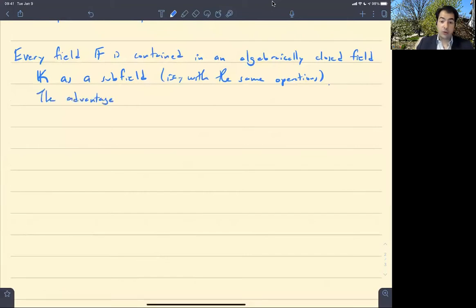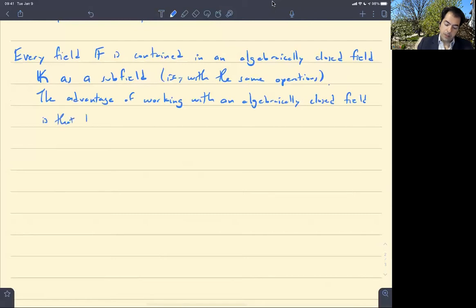The advantage when we're talking about the characteristic polynomial of working with an algebraically closed field is that the characteristic polynomial factors into linear factors, into linear terms.